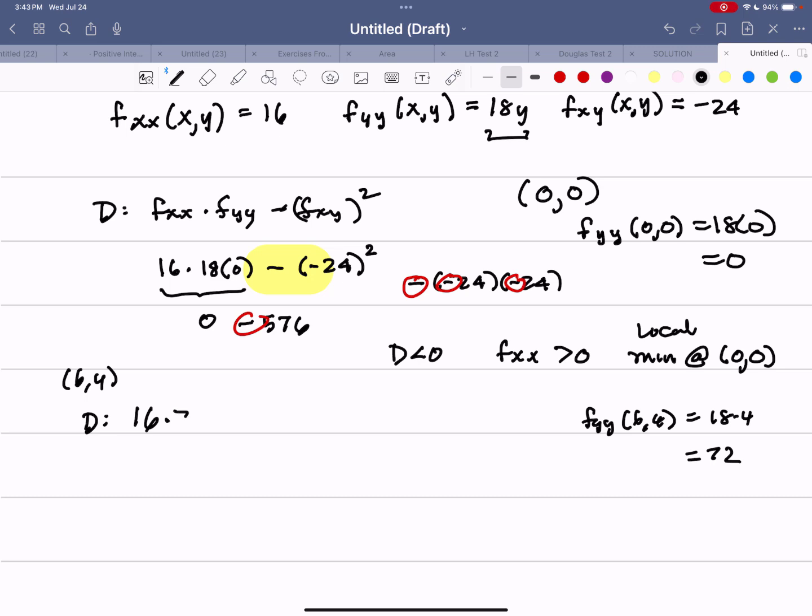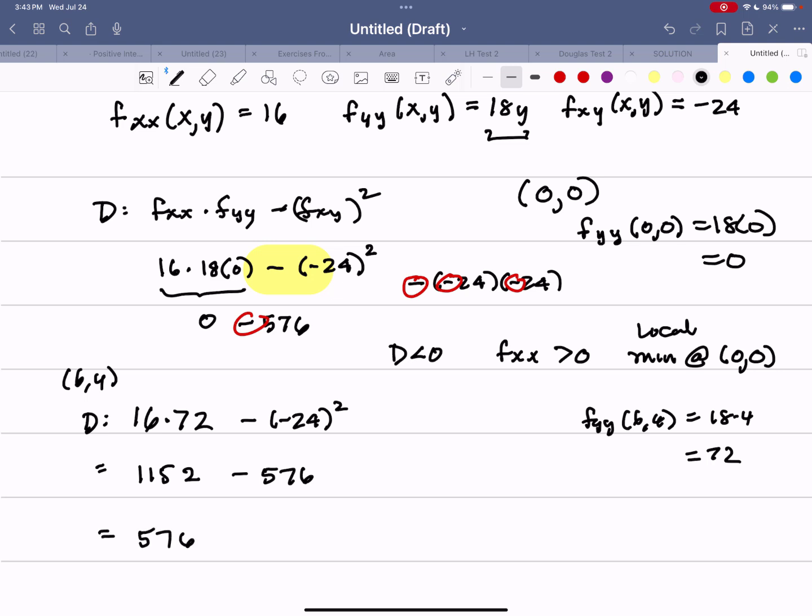So that's 16 times 72, all right, minus still negative 24 squared, all right? So 16 times 72 is 1152 minus 576, okay? And this time, 1152 minus 576 is actually positive 576.